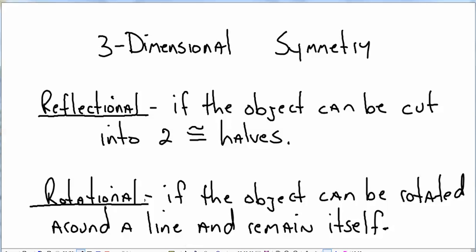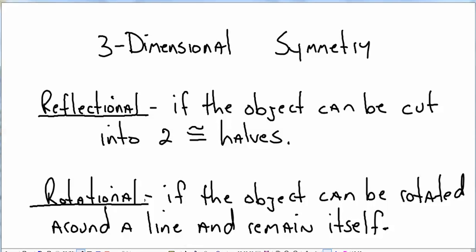If you put a line right through it left to right, is it itself? It's not itself anymore, is it, when you're rotating it that way? Okay? If it has rotational symmetry, you have to be able to rotate it around a line and it just stays the same. A perfect cube would have rotational symmetry in both directions.